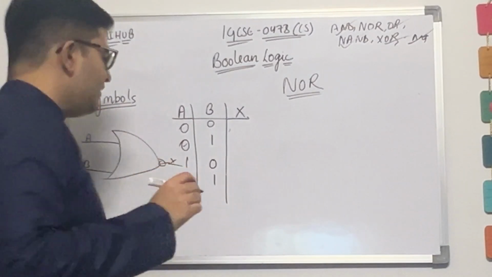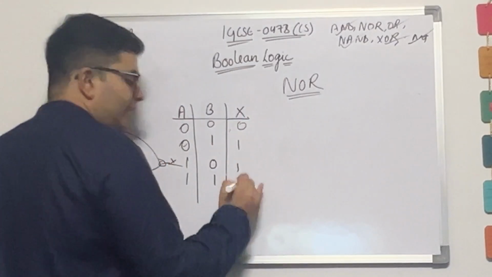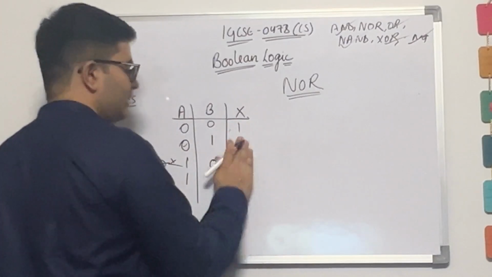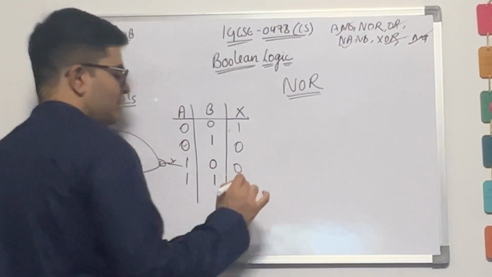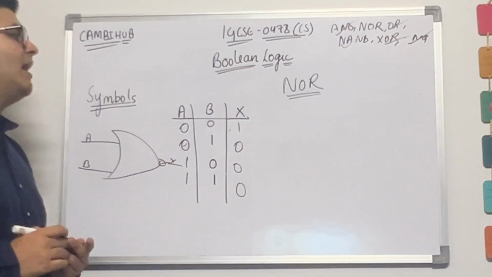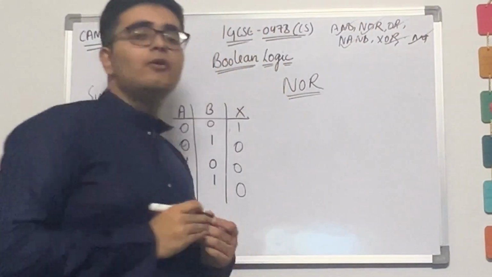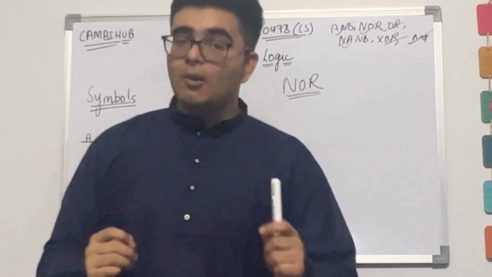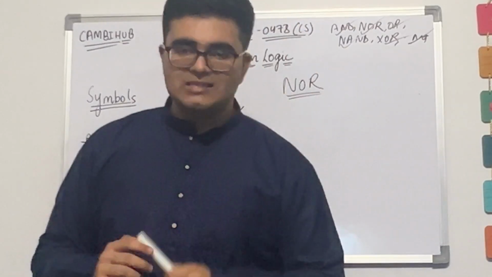We'll simply do OR of them, 0, 1, 1, 1, and then we'll do NOT of it. So 0 will become 1, 1 will become 0, 1 will become 0, and finally 1 will become 0. Right? So like this, we have also covered the NOR gate. I hope this is really clear to you. Now we'll move on to more complex things where we'll be creating complex truth tables and expressions.